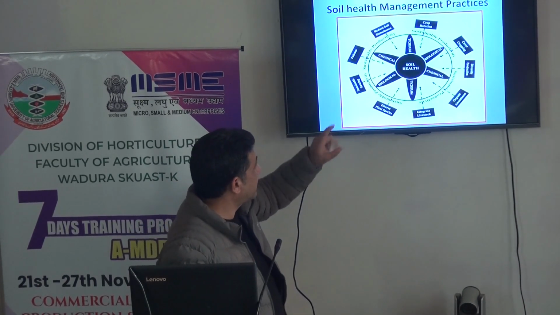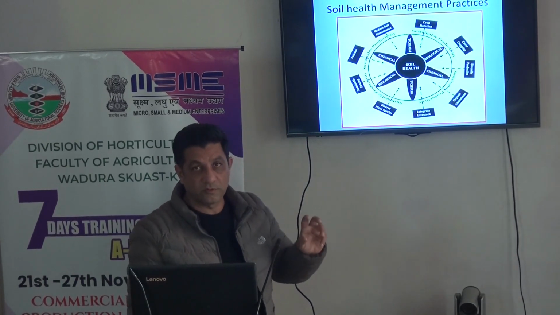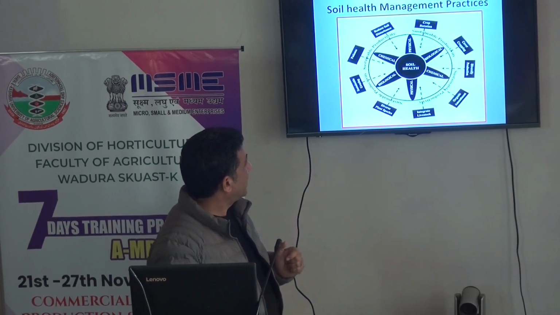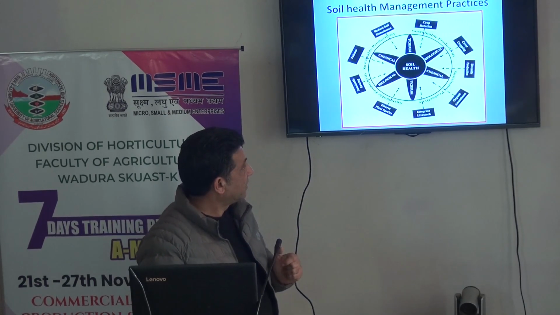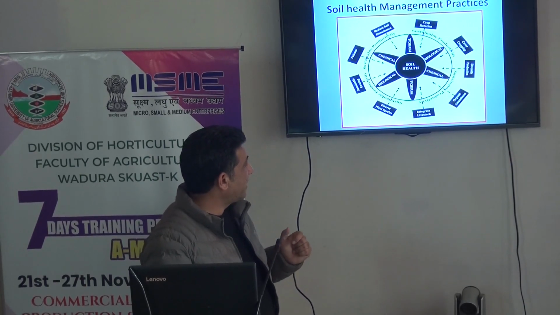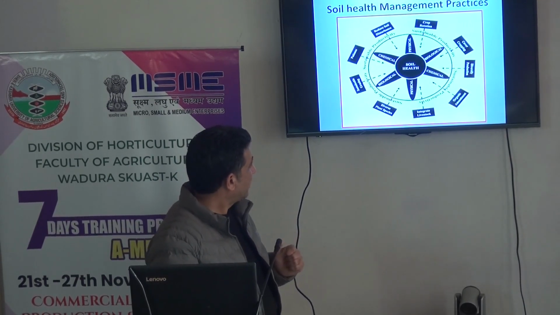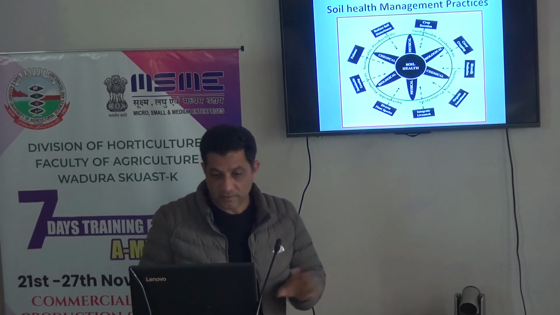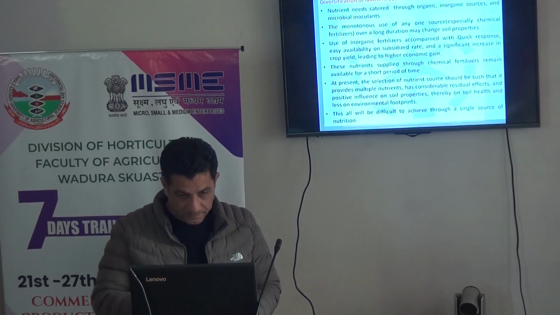What are the different practices chosen? Reduce soil disturbance, crop rotation, cover cropping, diversity production, organic amendment, integrate livestock, diverse plant species, sustainable grazing, and patience. We will see these things.